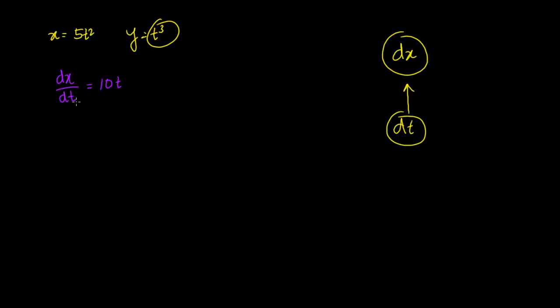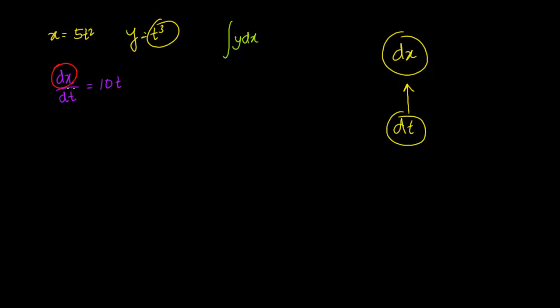So dx over dt is equal to 10t. Now, coming back to the old equation, y dx, we still haven't found dx yet. This is dx over dt. Where's the dx, man?